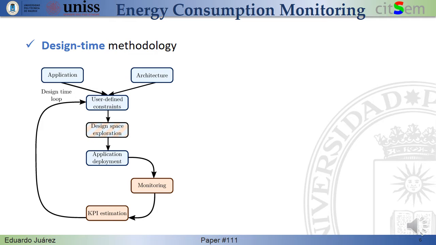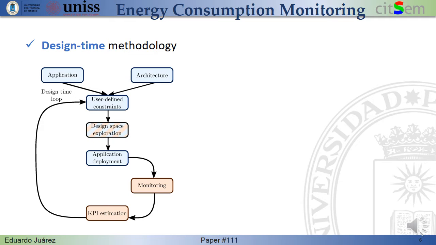Third, design space exploration: a tuning algorithm explores the design space considering both the timing and the energy information. Fourth, application development: the output of the design exploration block is the application deployment that will be generated in each iteration.